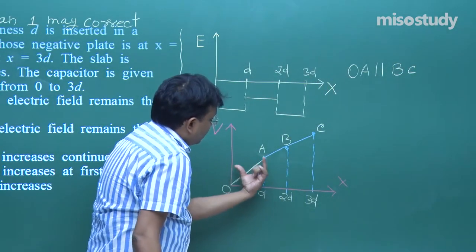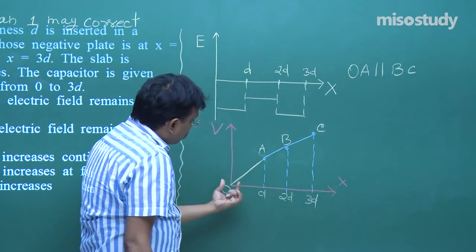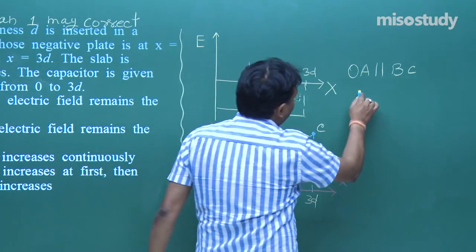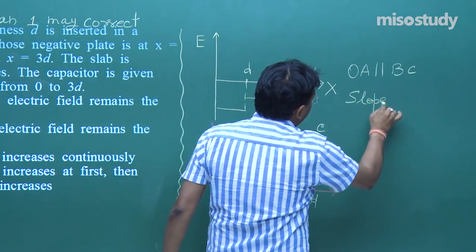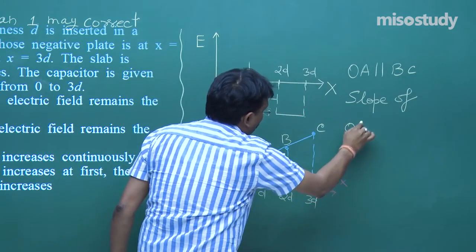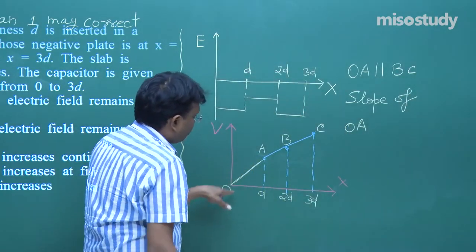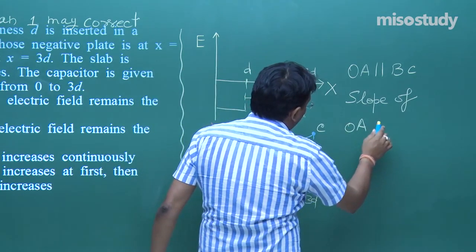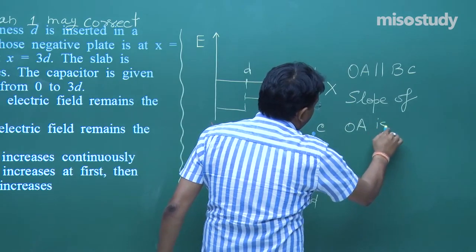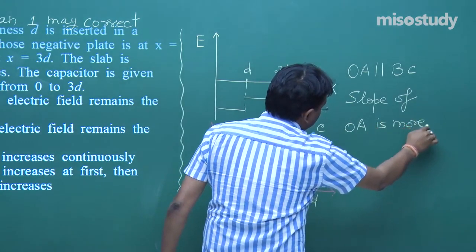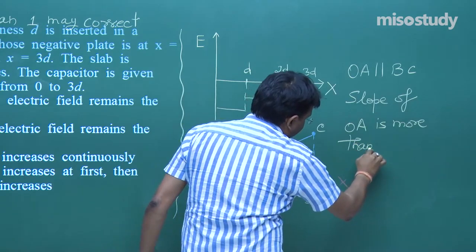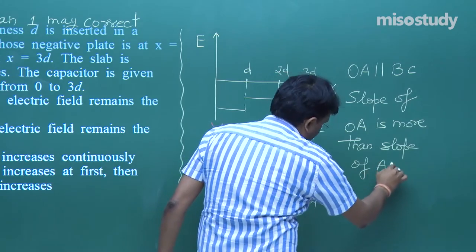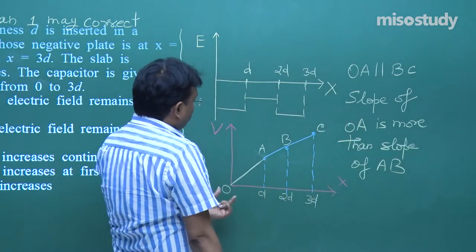OA is parallel with BC, and slope of OA is greater than slope of AB. Next line, slope of OA means this slope. Slope of OA is more than slope of AB.